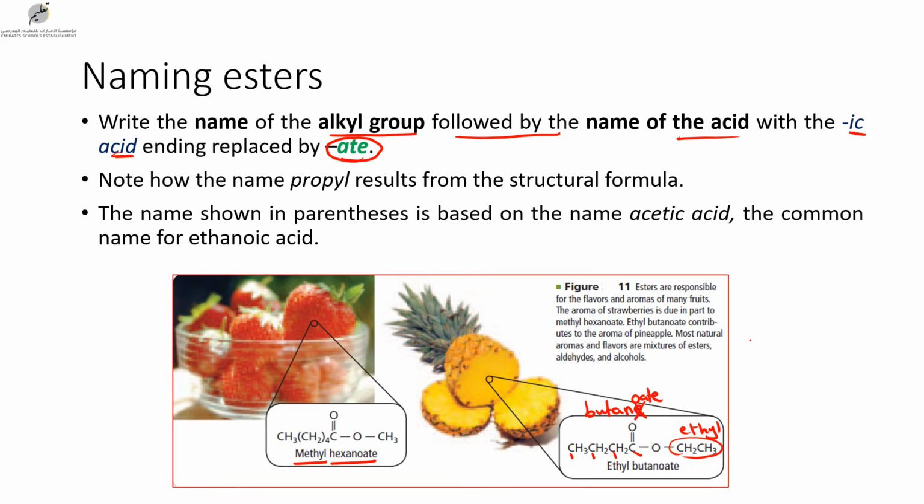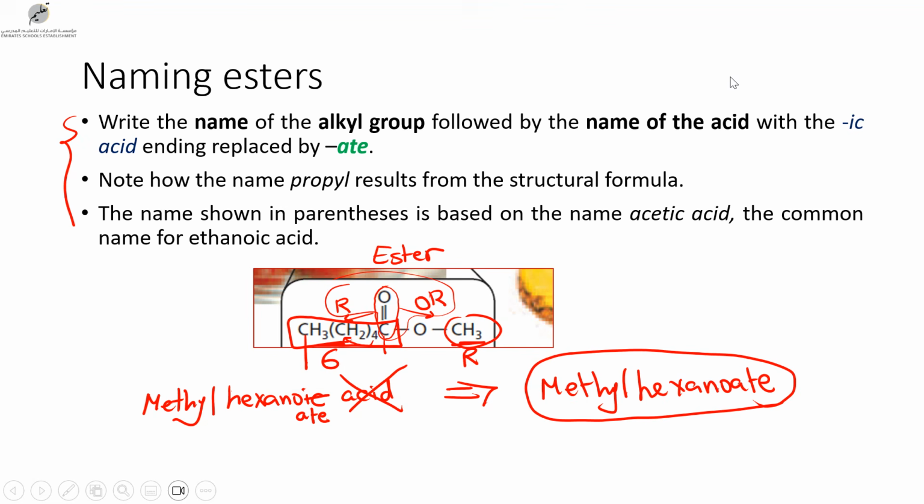Or what you can do, you can write butanoic and use the rule, remove IC and put ATE. So same. This should give you ethyl butanoate. Where does this ethyl come from? From the R that is bonded to the oxygen. So ethyl butanoate. Alright? And this is how we give the names for esters.